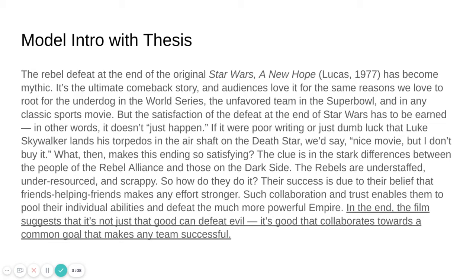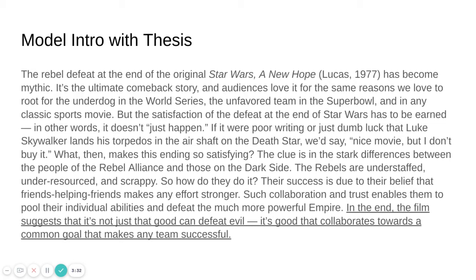Let's carry on. The rebels are understaffed, under-resourced, and scrappy. So how do they do it? Their success is due to their belief that friends helping friends makes any effort stronger. See, I'm getting more and more specific now. Such collaboration and trust enables them to pool their individual abilities and defeat the much more powerful empire. And here's the thesis statement.